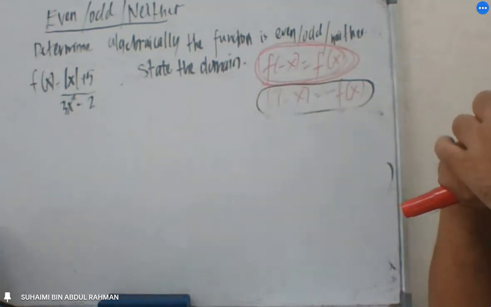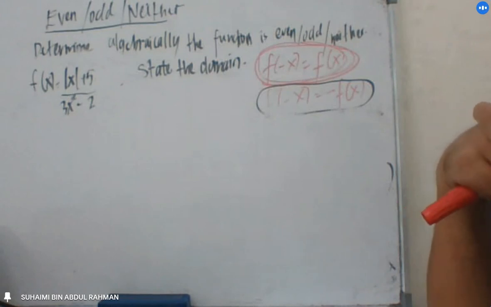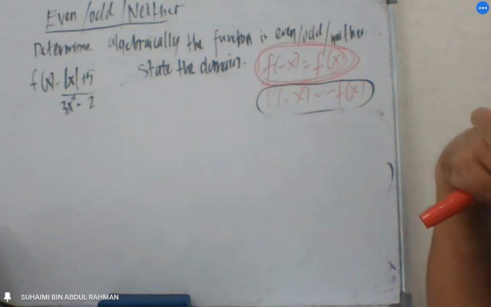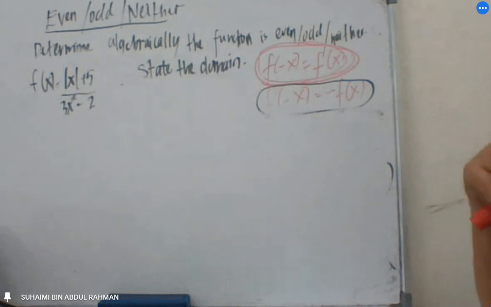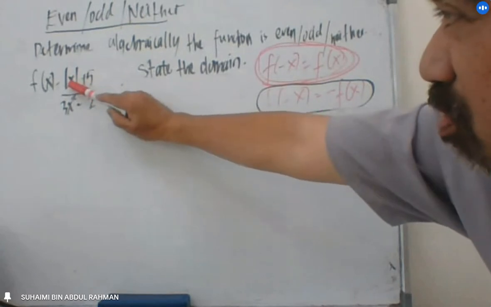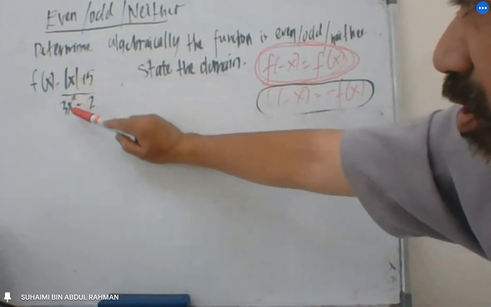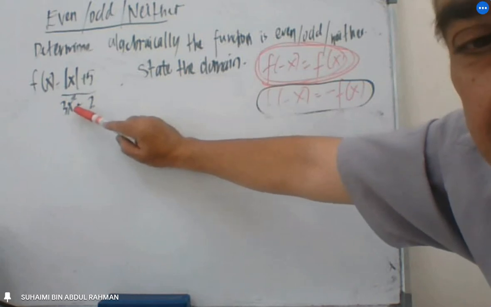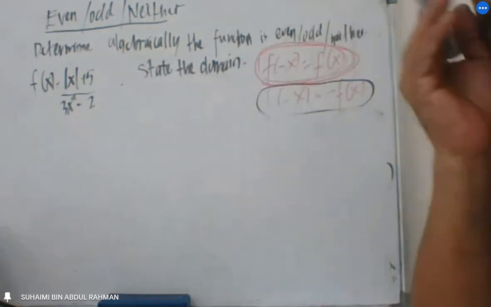Can we substitute with square root of 2 over 3? Can or cannot? Meaning that we substitute x here with square root of 2 over 3.